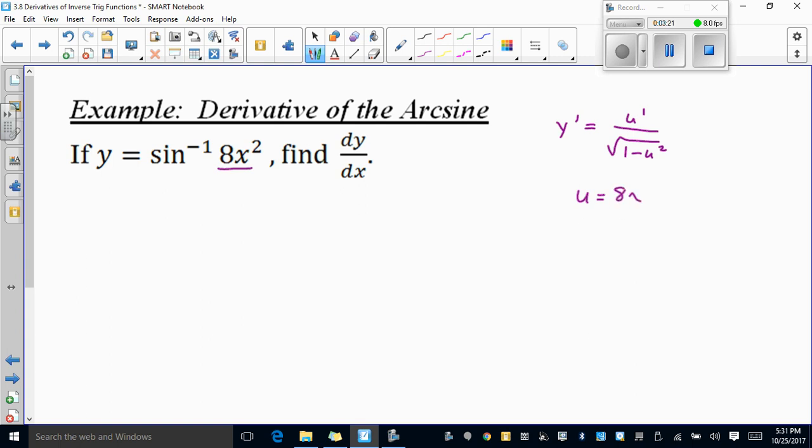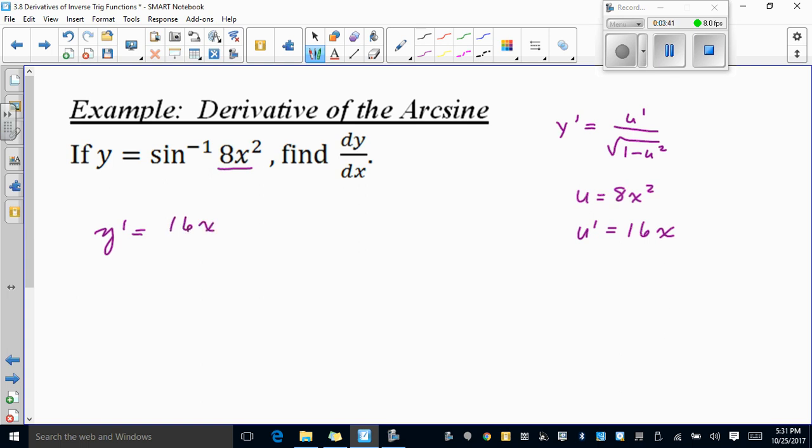So y prime equals 16x over the square root of 1 minus 8x squared, squared.